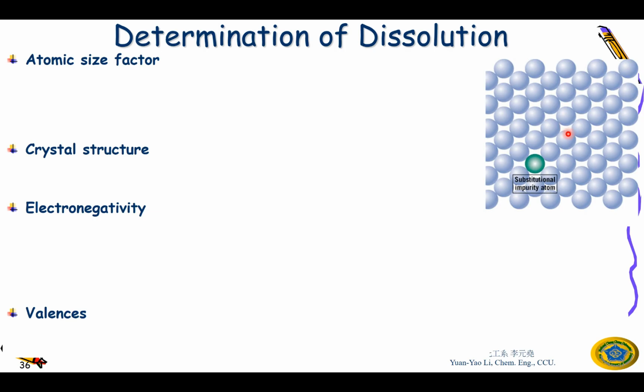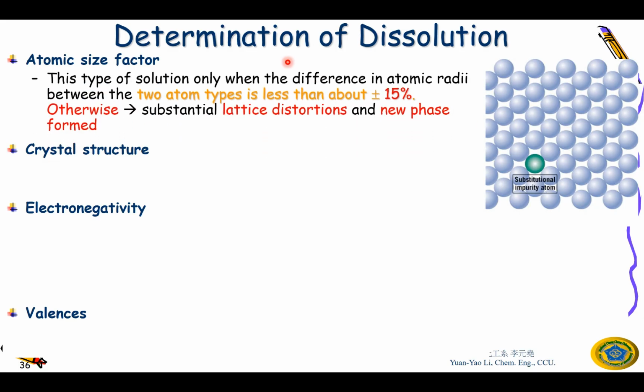The first one is atomic size. This type of solution forms only when the difference in atomic radii between the two atom types is less than about plus or minus 15%. So the sizes of these two need to be within plus or minus 15%.